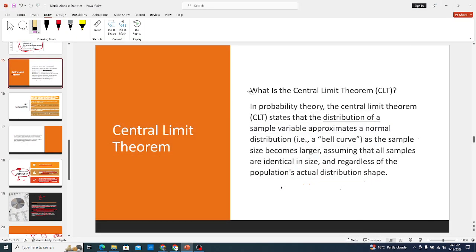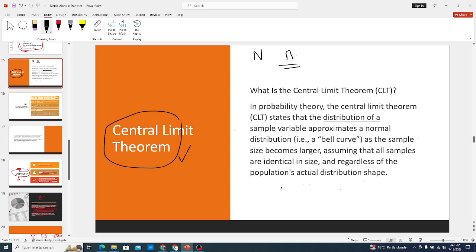Okay, for my case, I usually understand the central limit theorem in reference to population size and sample size. Why?